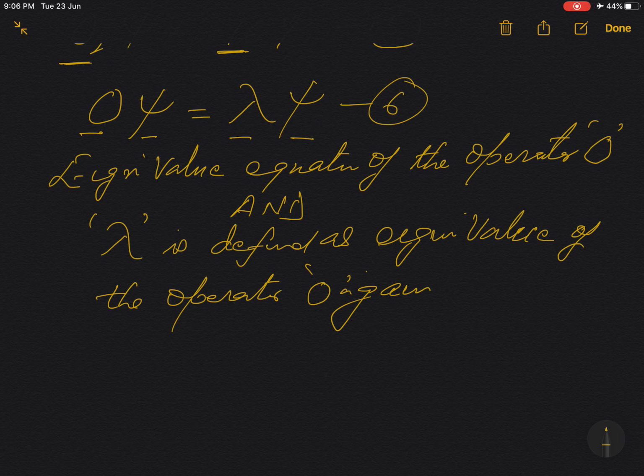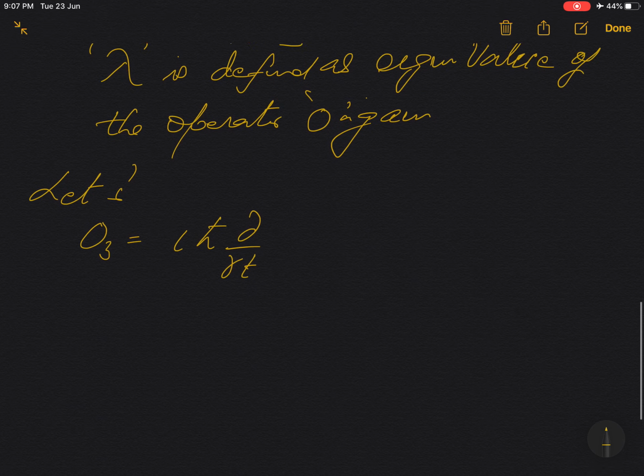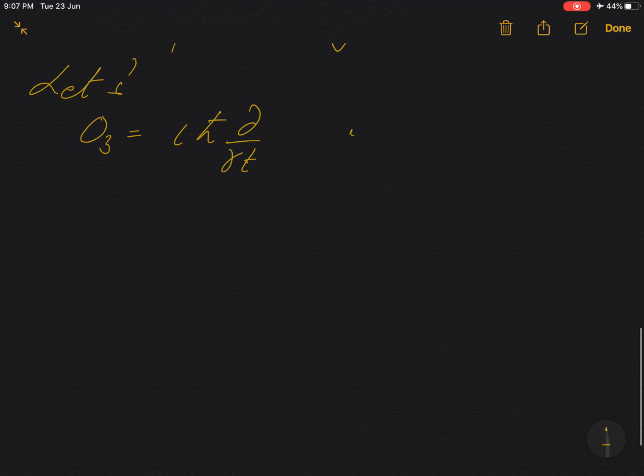Let's move ahead with some more operators. Let me call operator O3 as i h cross del by del t. This will be equation number 7.